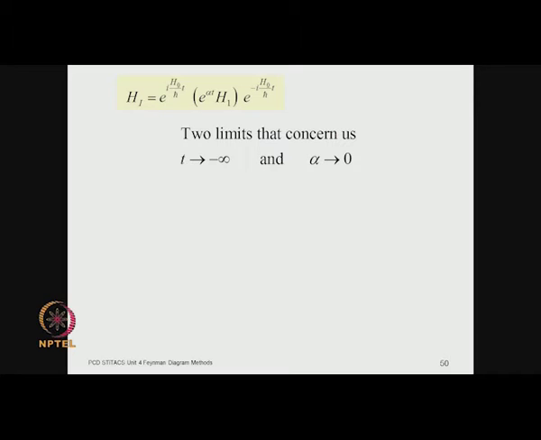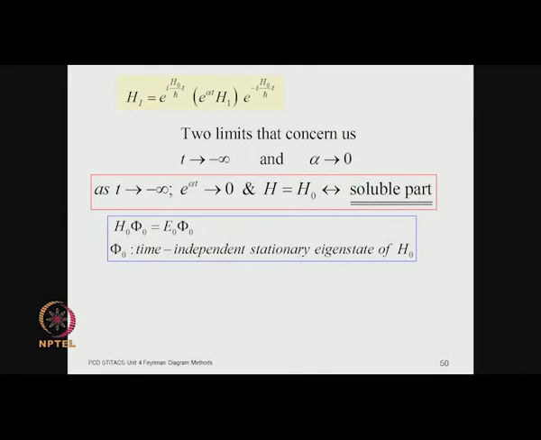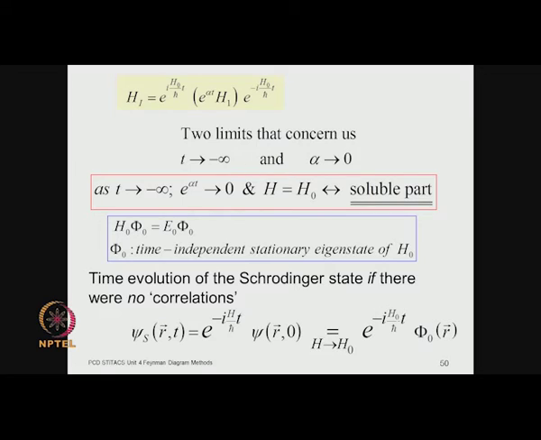So, we have discussed what happens when t goes to minus infinity, you get the soluble part. And the soluble part is this, H0 phi0 is equal to E0 phi0. This is the solved Schrodinger equation, you know the exact solution. This is the time independent stationary eigenstate of the unperturbed Hamiltonian, the H0, the solvable part of the Hamiltonian.